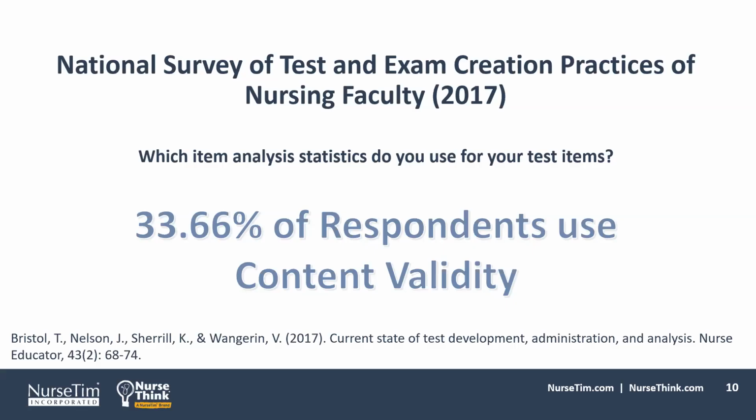I find that very alarming. One of the best first steps you can take to improve your test items is to make sure somebody is looking through them for content validity, making sure the information is presented in a consistent, non-biased, error-free way.